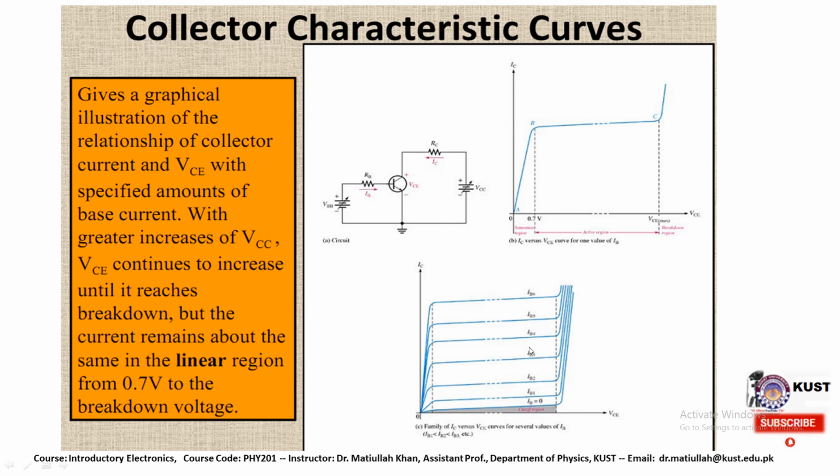Here, for base current IB equal to 0, we have this curve, and for other base currents like IB1, IB2, IB3, or several IB with different values, we have these characteristic curves for the collector current versus the collector emitter voltage.